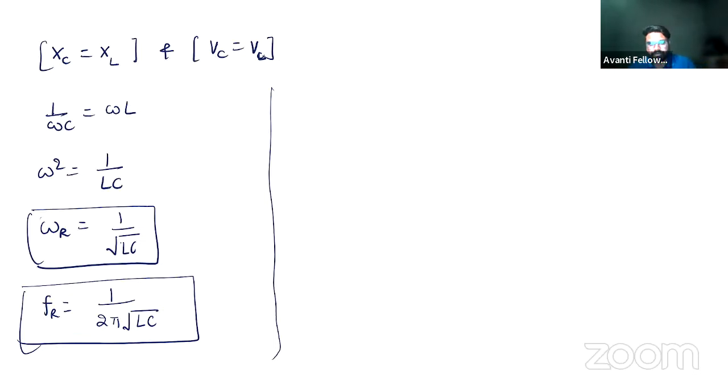So the graph will be drawn between Z and F. This is Z and this is F. So the variation is like this. At this particular point, we have a minimum value which is Z minimum.